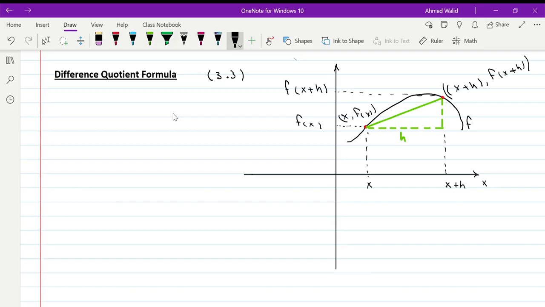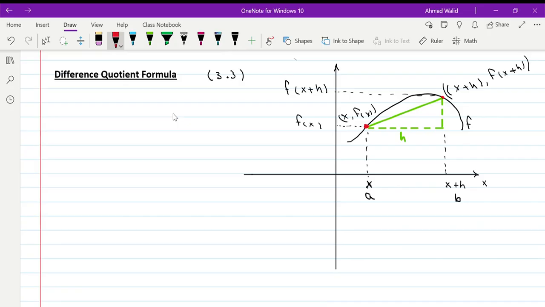To save some time, I already drew a function f, as you see on your screen, and instead of having 2 points A and B, I rename them as x and x plus h. For example, the first point of the graph, the red dot that you have here, I'll name x.